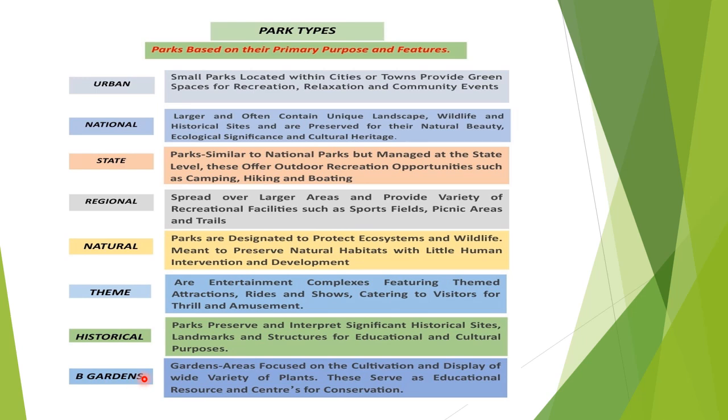Botanical gardens are areas focused on the cultivation and display of a wide variety of plants for research, education, and conservation. So basically, parks are categorized on the basis of their size, their primary purpose, and their features.